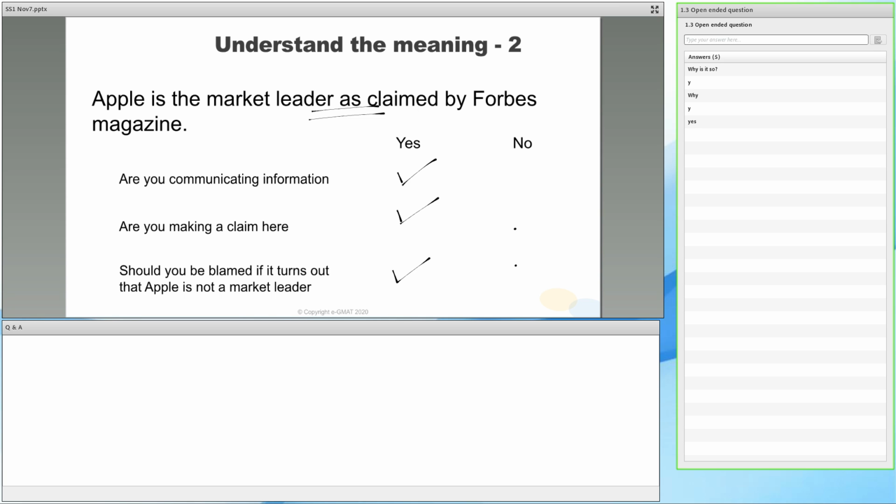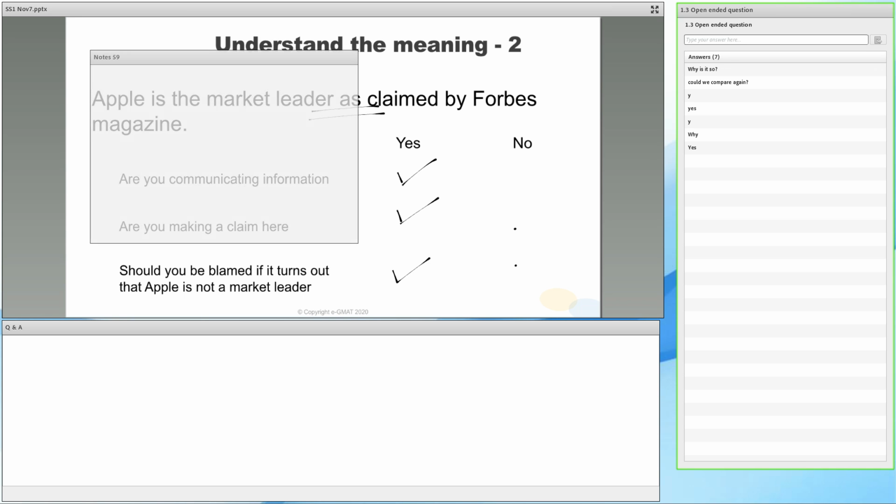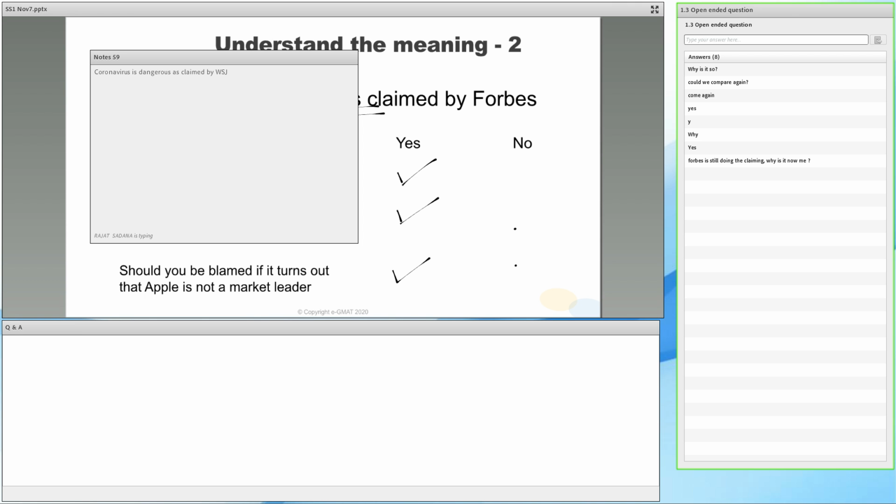Let me just do another parallel sentence, which is here. Let me bring in a notes pane. "As claimed by Wall Street Journal."